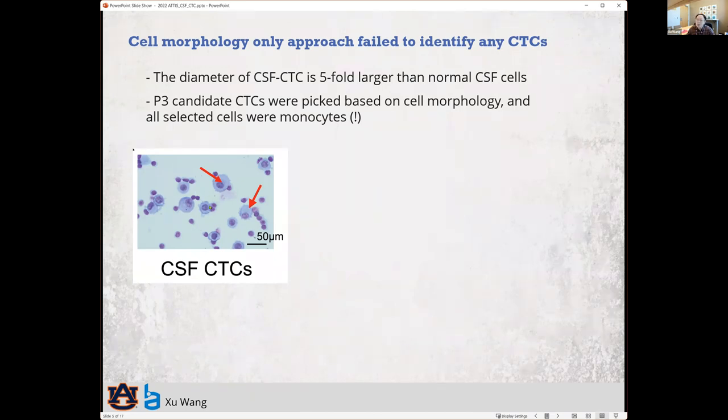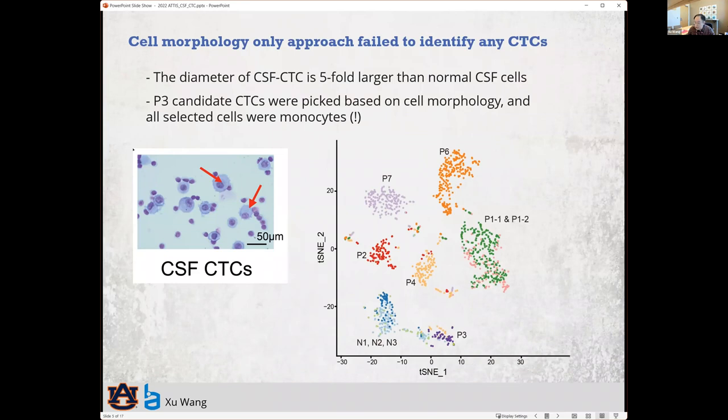We were wondering whether we could handpick some CTCs from the CSF sample without any CD45 negative selection. We did that not on purpose, because we ran out of the antibody that day for patient P3. Interestingly, all the P3 cells we selected are monocytes, suggesting that CSF CTCs are very rare in our sample, and you have to have CD45 negative selection to be able to capture these CTCs.